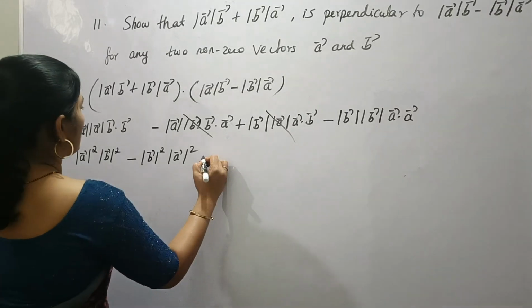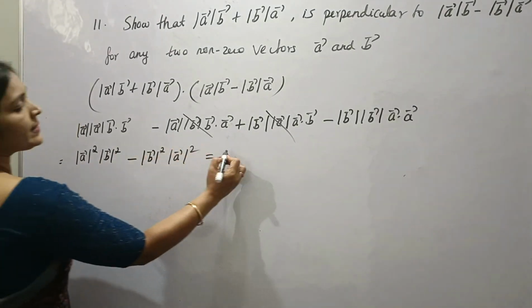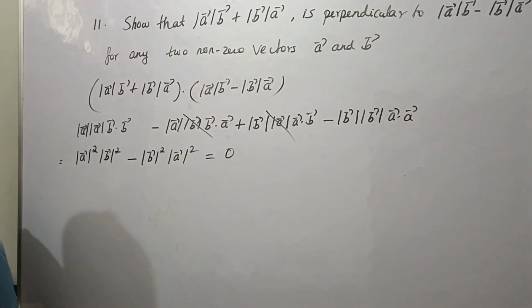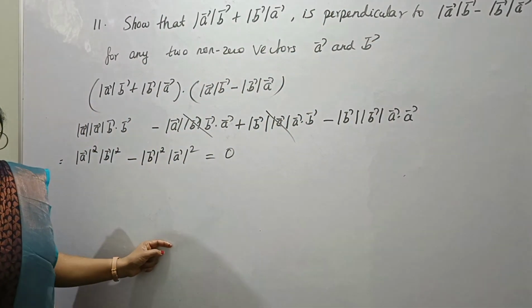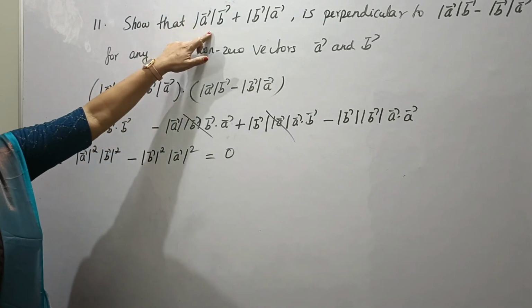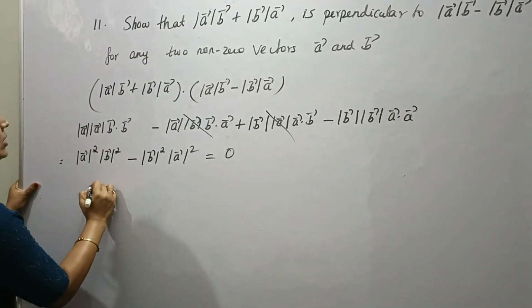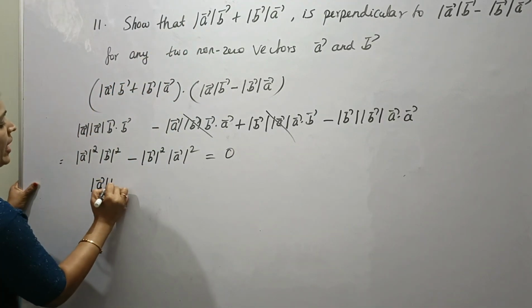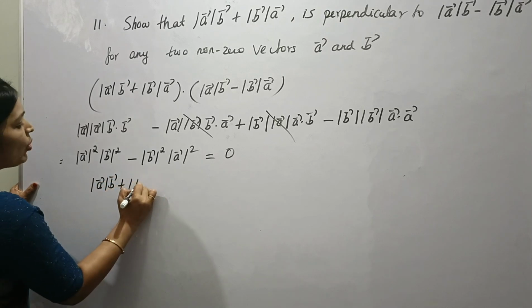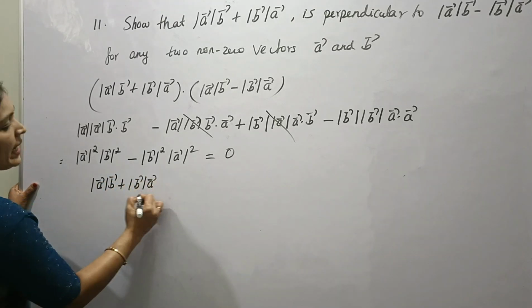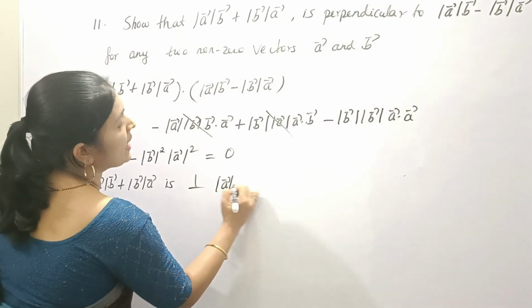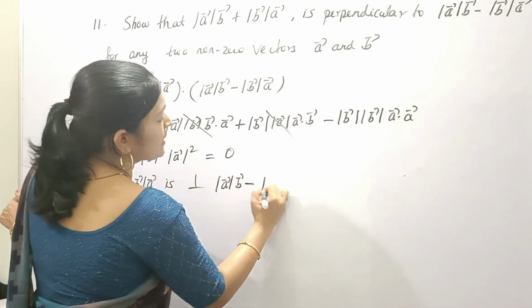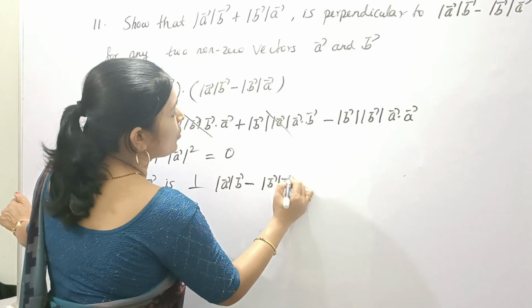So that is equal to 0. Now we have got the scalar product of these two vectors is 0. That is, modulus vector A into vector B plus modulus vector B into vector A is perpendicular to modulus vector A into vector B minus modulus vector B into vector A.